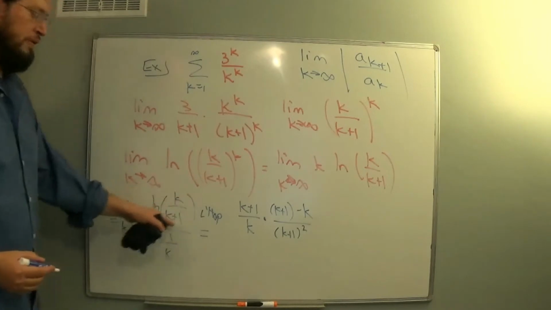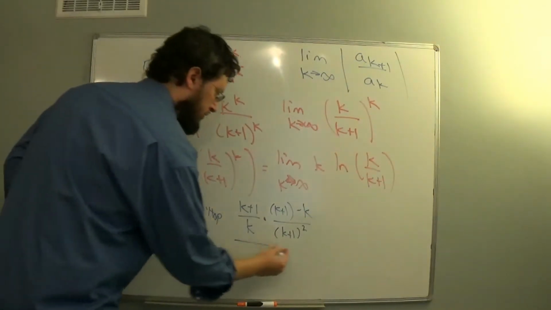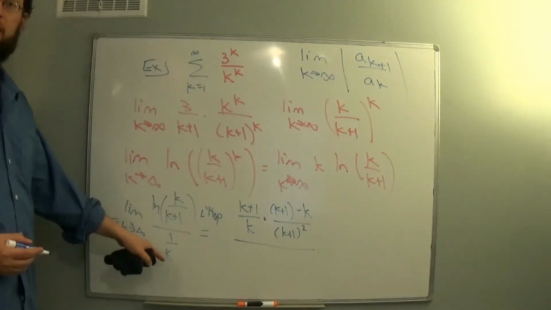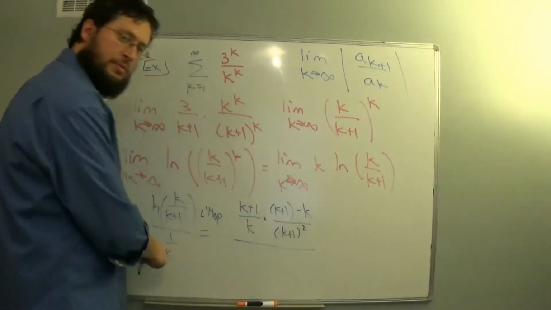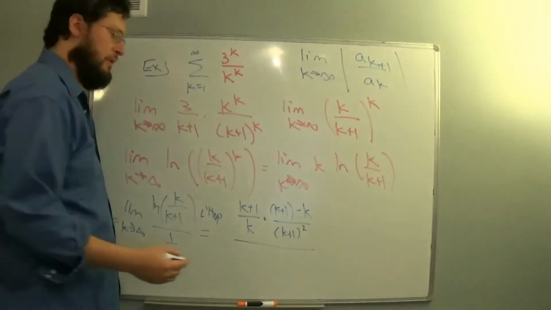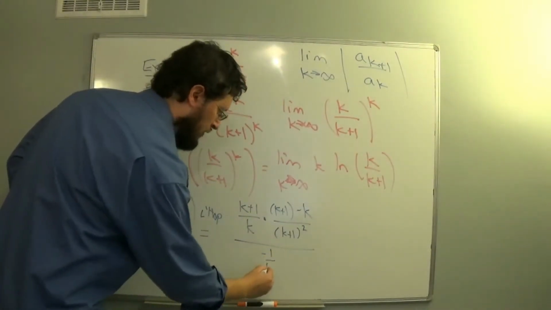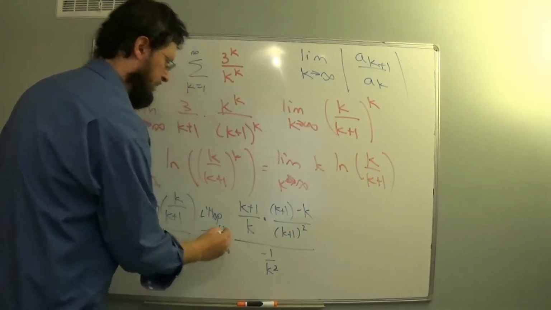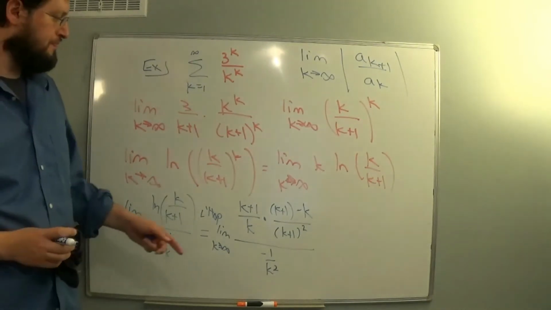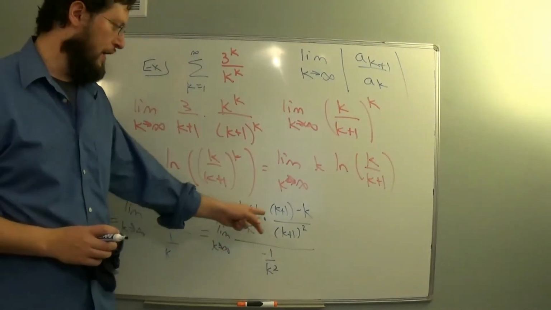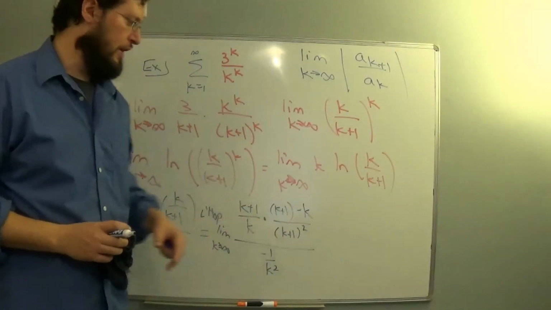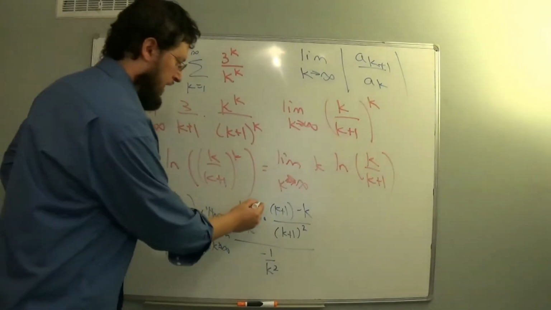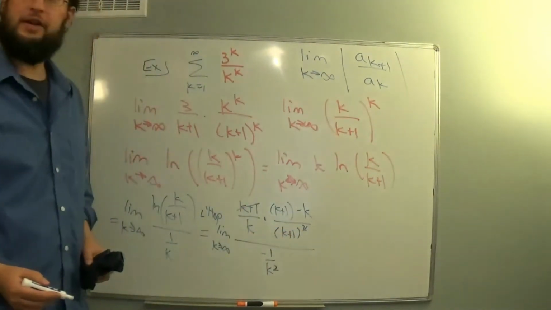That's just the derivative of the numerator over here. We also have to divide by the derivative of 1 over k, which is k to the minus 1, so the derivative is negative k to the minus 2, which is negative 1 over k squared. We're still taking the limit as k goes to infinity. Let's see what simplifies. This is k minus k, so that goes away. I can cancel a k plus 1 with a k plus 1 down here.